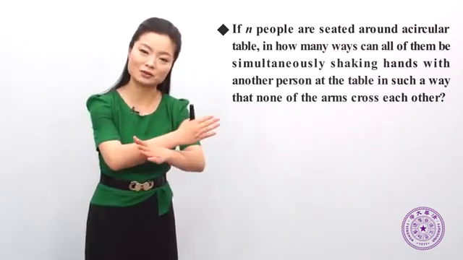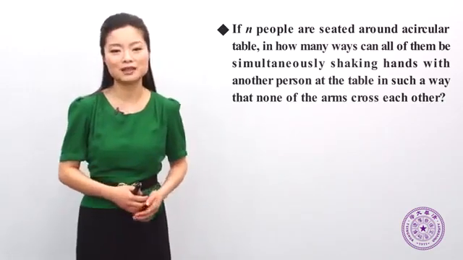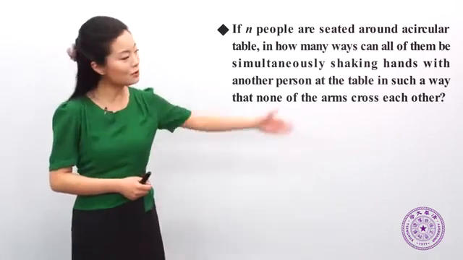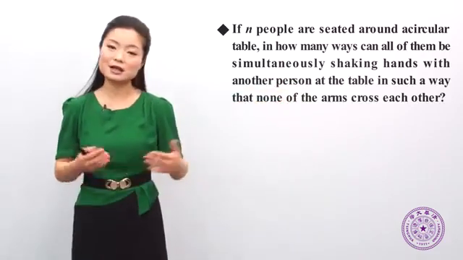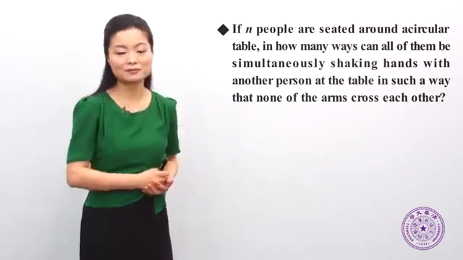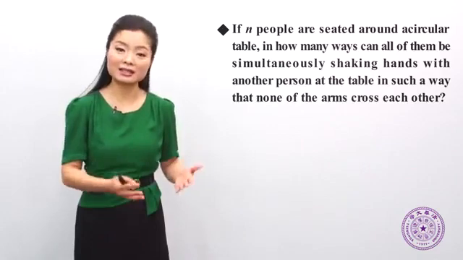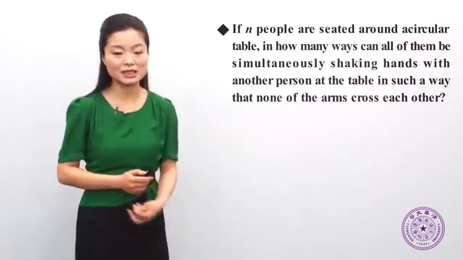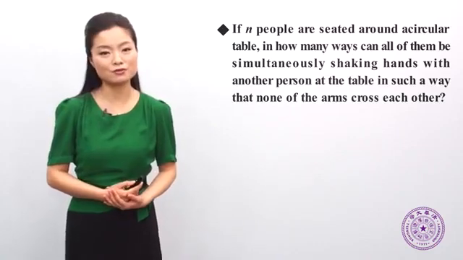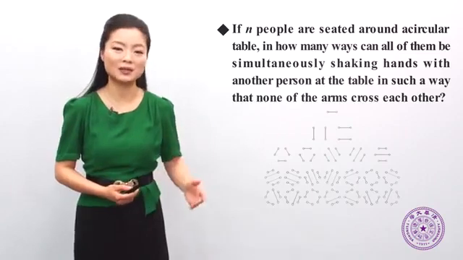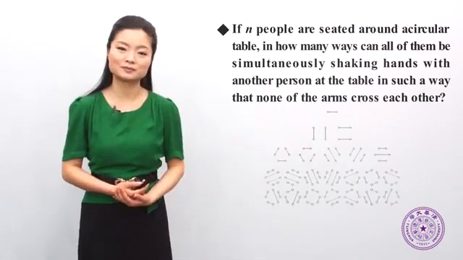A few people shaking each other's hands might cross over some other people, which might create an awkward and embarrassing situation. So we hope that these people sitting around the round table while shaking hands don't cross over any other person. This is called the hands across the table problem. So I ask the question: how many different ways can people shake hands? You may have guessed its answer is also the Catalan number.